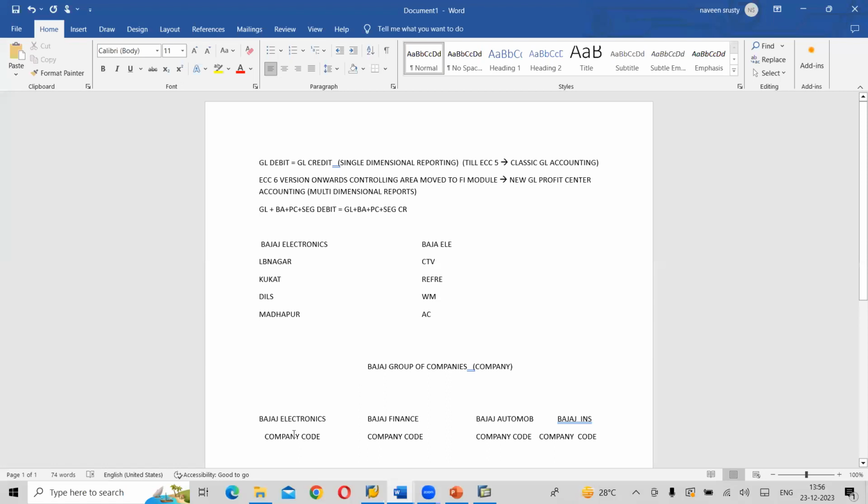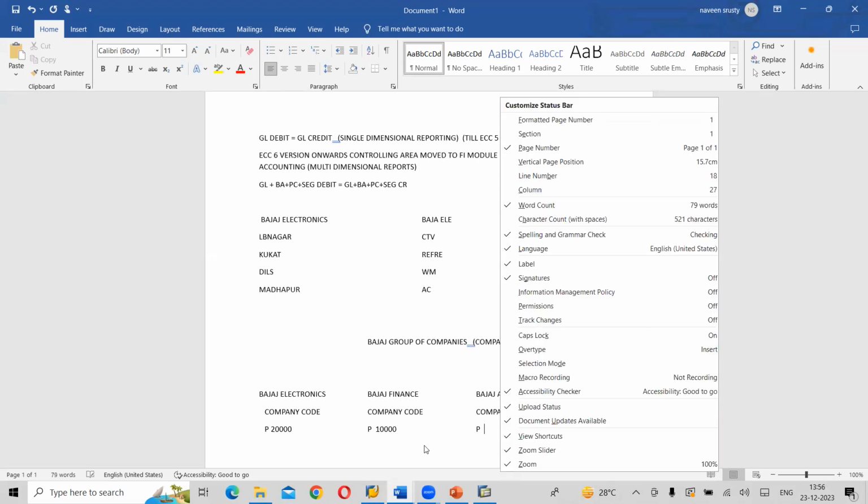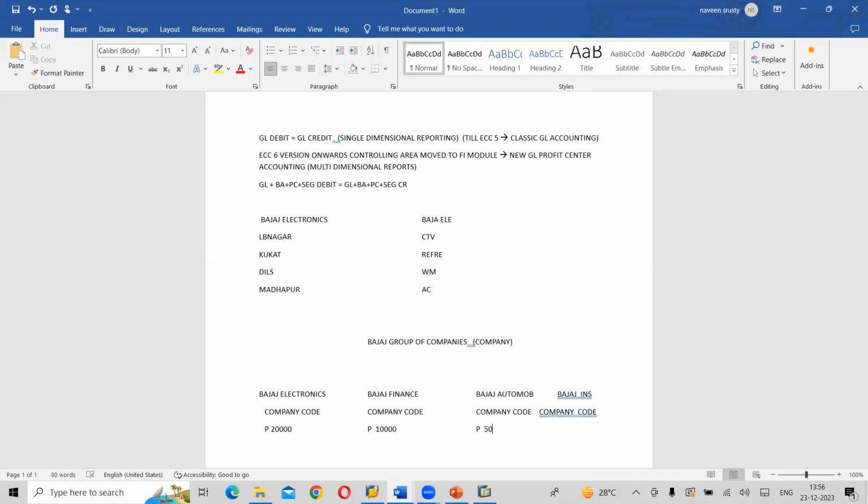Okay. For example, as I said earlier, Bajaj Electronics is running in a profit of 20,000. I'm taking P in the sense of profit. And Bajaj Finance, a profit of 10,000. And Bajaj Automobiles, a profit of 5,000.